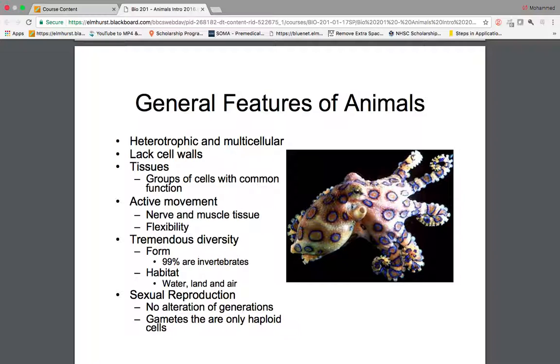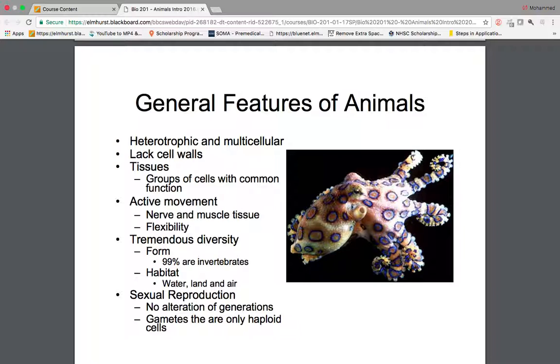They are generally structured with tissues. Tissues are groups of cells that are acting together in a coherent function. So things like skin is a tissue, groups of cells acting together as a coherent function, separating the inside and outside of the organism.